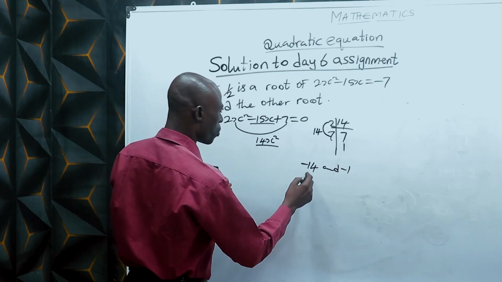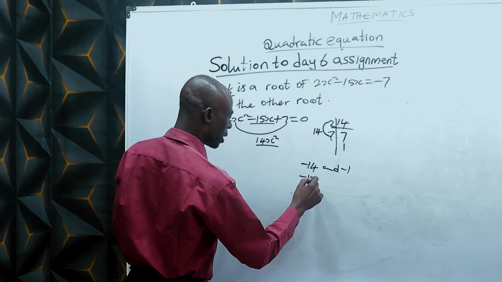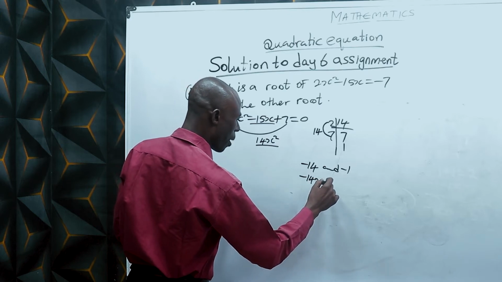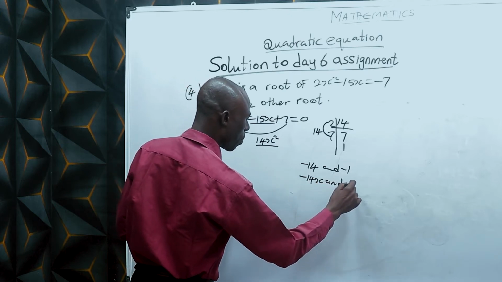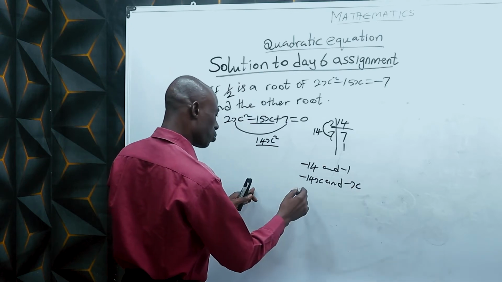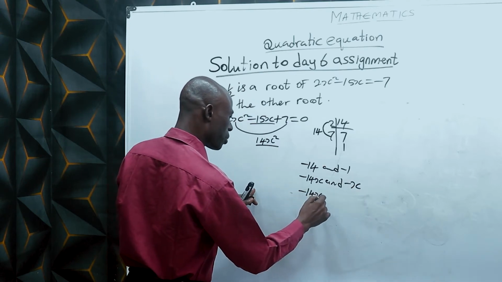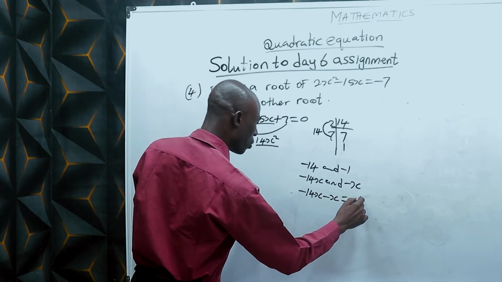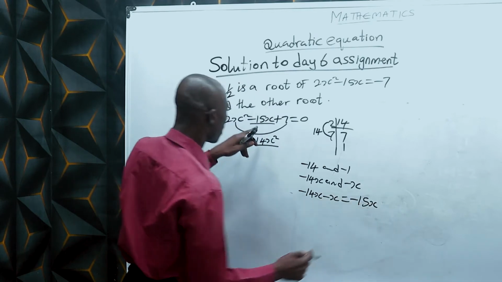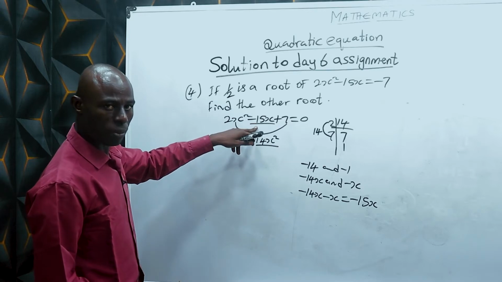So bring the variable in touch, minus 14x and minus x. Adding them together, you have minus 14x minus x, and that gives you minus 15x. Can you see? We achieved the middle term target.